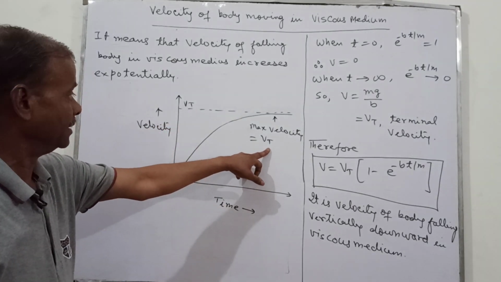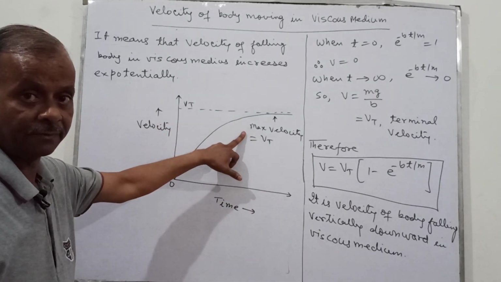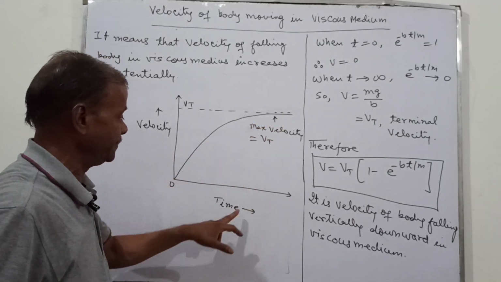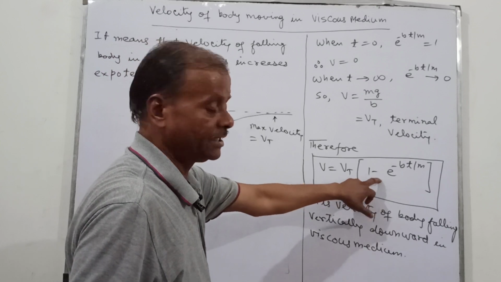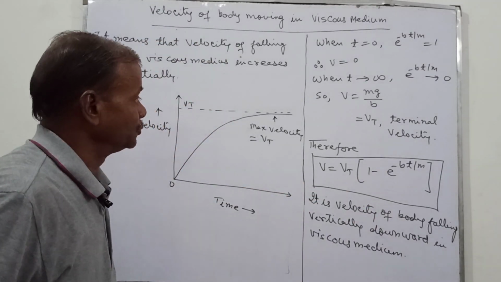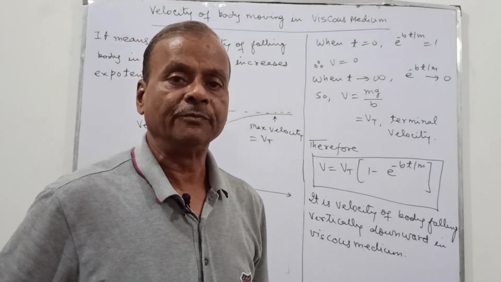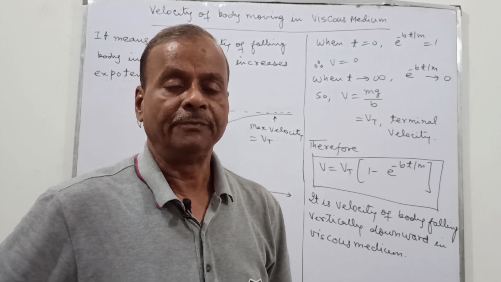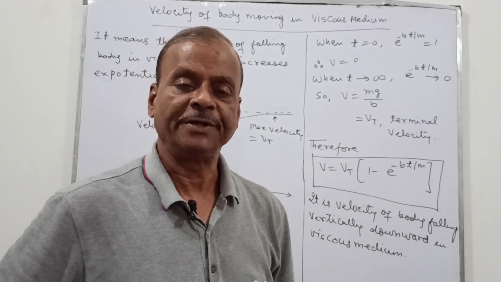So it will take time to get the maximum velocity. This graph shows the variation of velocity with time, as we have said in this equation. So this is about the velocity of the body moving vertically downward in the viscous medium.